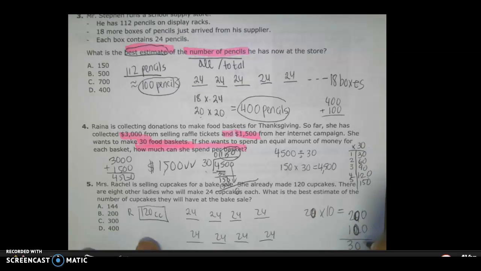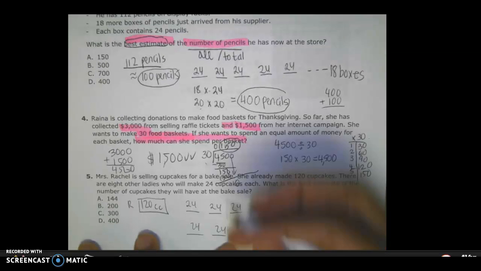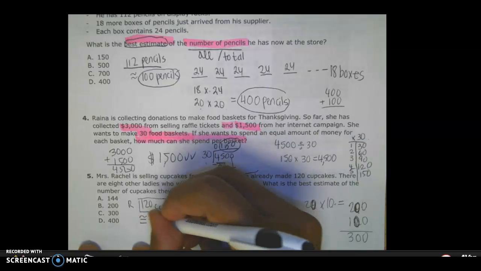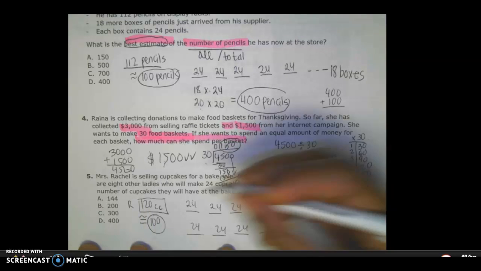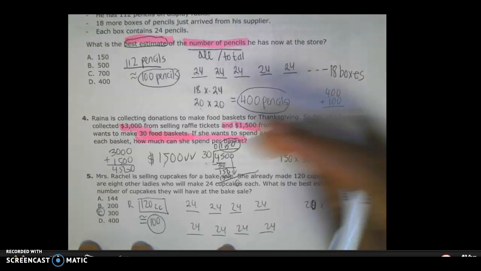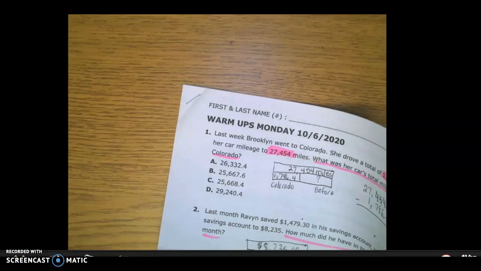So that says it will be about 300, right? 24 is about 20, 8 is about 10, and I multiply 20 times 10, that's 200, and 120 is about 100. So I combine this cupcakes and that cupcake, and I have 300. Okay? Hey, I'm giving you the answer to that one. Oh, well.